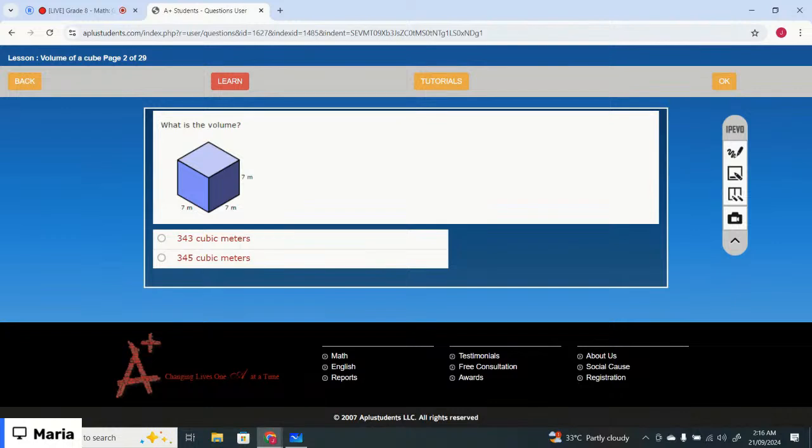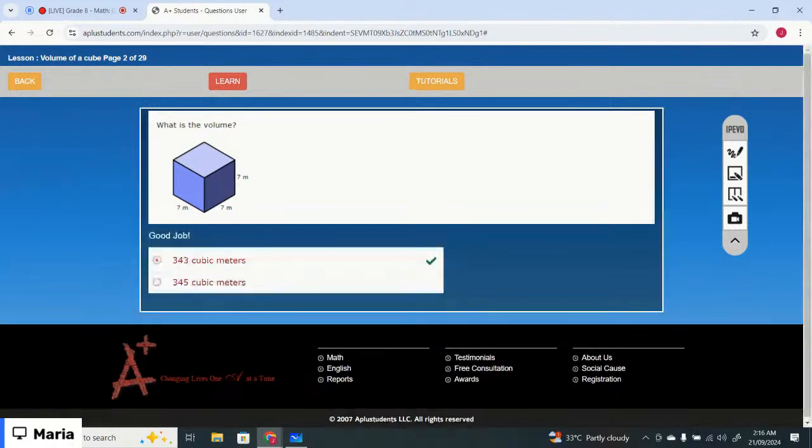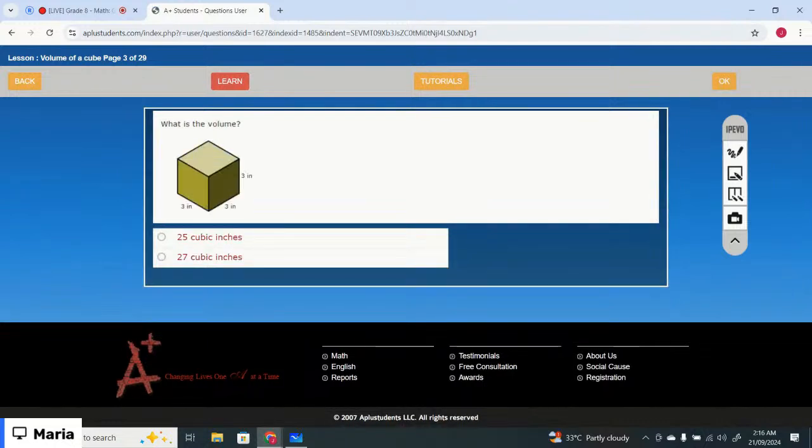That is 343 cubic meters. Option number 1 is the correct option. What is the volume? V equals 3 times 3 times 3. So which is the correct option?